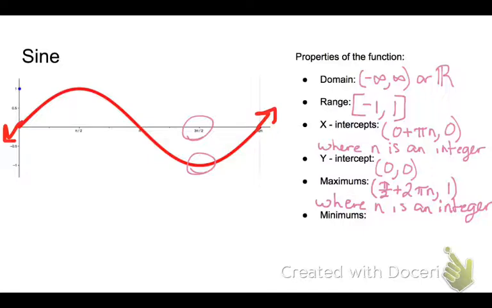There's my minimum, starting at 3 pi over 2, and the next minimum, just like my maximums, will happen 2 pi n units later. And the y value of my minimum is, of course, -1, where n is an integer.